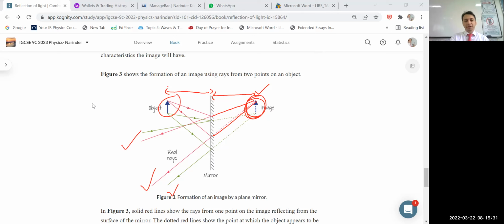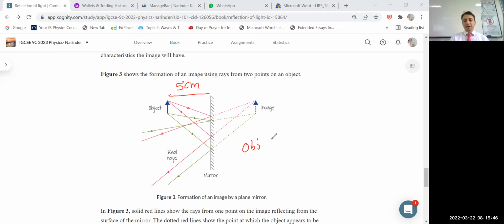For example, if I say the object is placed at a distance of 5 centimeter from the surface of the mirror, and now the question is, what is the distance between object and image? What is the total distance between object and image? Anyone from ninth class? Distance between object and image.